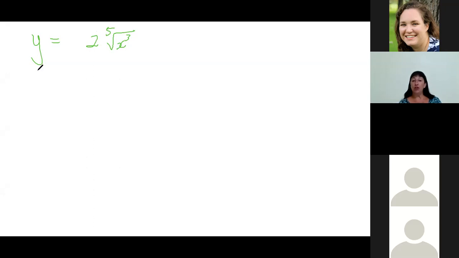Okay, now I've shown you that there's one way to write a derivative as y prime. Another way is to write it as dy by dx. That's another way of writing derivative. Dy by dx means the derivative of y with respect to x.